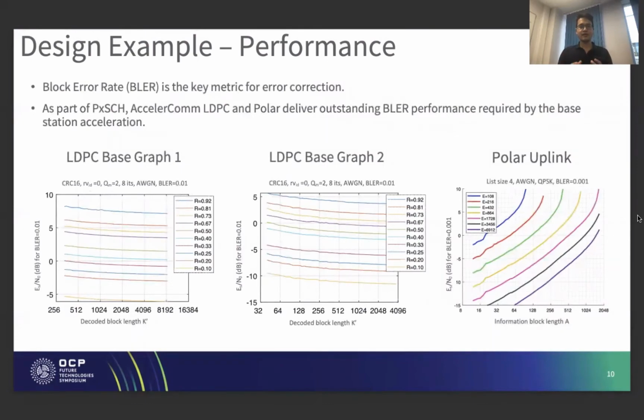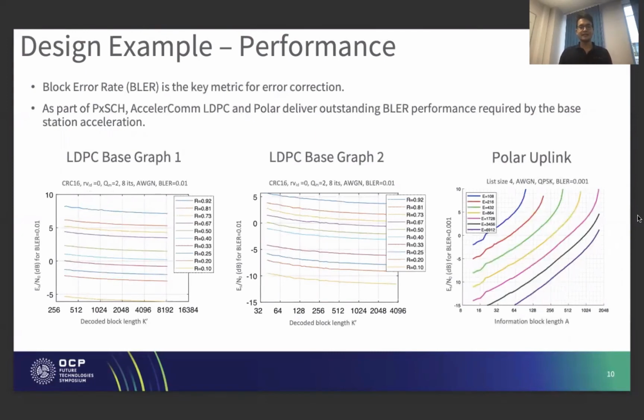Now, error correction is important. So this is why we care about BLER performance, which is the key metric for error correction. And we have listed here 3 BLER plots for LDPC base graph 1, base graph 2, and also Polar uplink. And for LDPC, we are targeting BLER 10 to the minus 2. And for Polar, we're targeting BLER 10 to the minus 3.